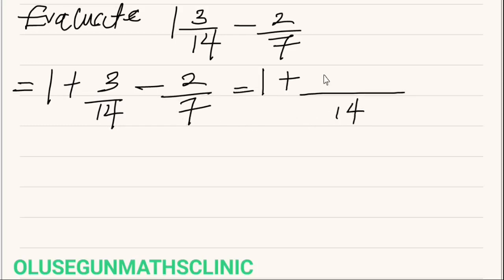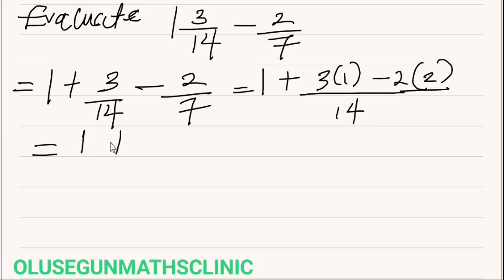So 14 in 14, we have 1, minus 2 on 2. So therefore 7 in 14 is 2. Making 2 times 2, we have 1 plus 3 minus 4/14.